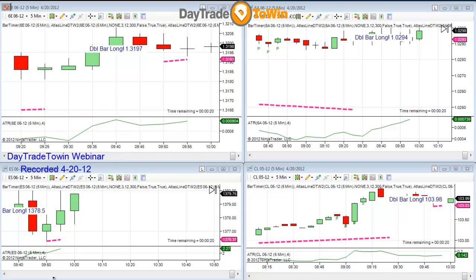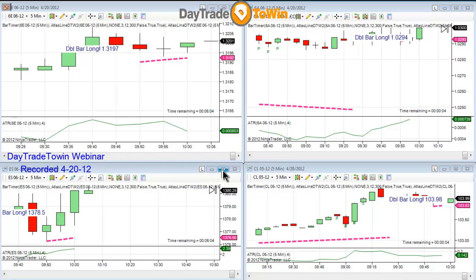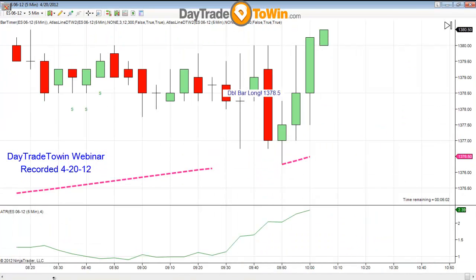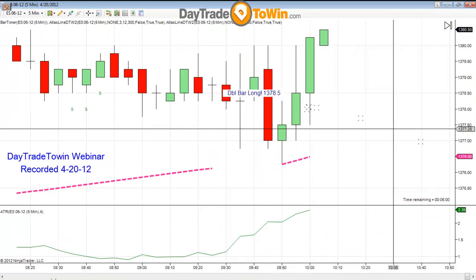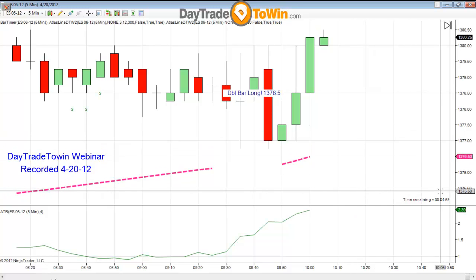I've seen traders that have so many indicators on their charts that it looks like a fiesta. I don't know how else to put it. You have so many things going on. Take for example the Atlas line here on the E-mini S&P. Price is above the Atlas line. 1378.50 is the long entry. I'm long.